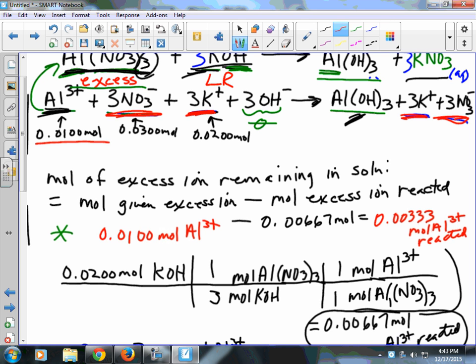So whatever amount we started with, that's how many moles we still have. So we started with 0.03 moles of nitrate. We still have 0.03 moles of nitrate in the beaker.